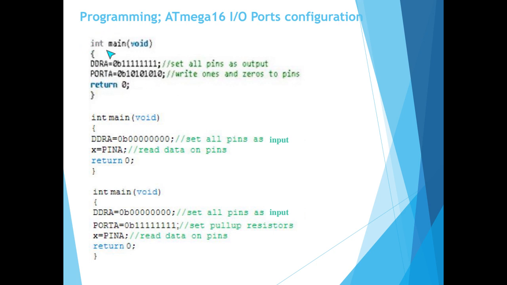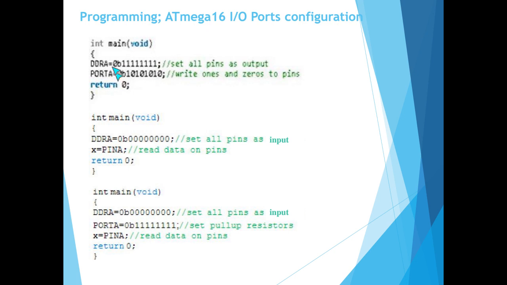What kind of function is this? A user-defined function, and which type? The return type is int, and its argument is void. The curly braces are opened and closed, and inside the curly braces we have our code. So the code is as follows.